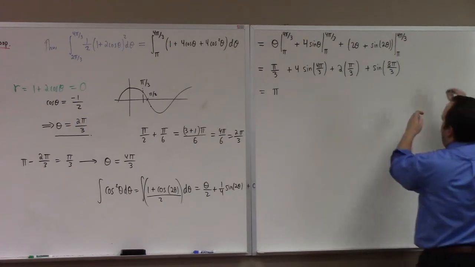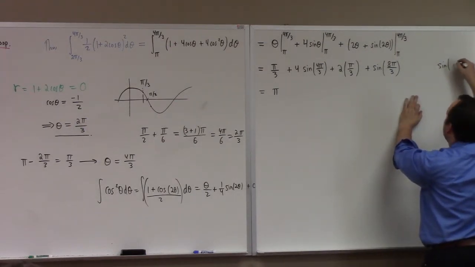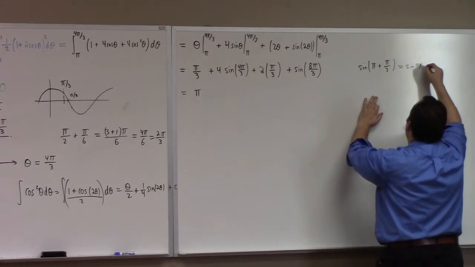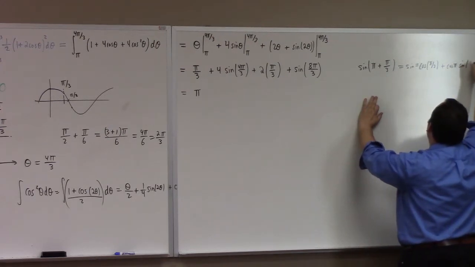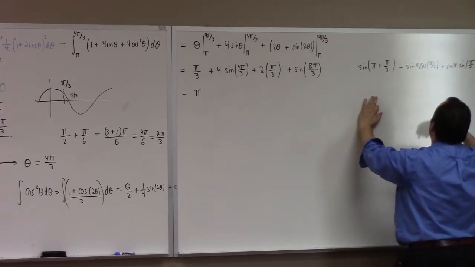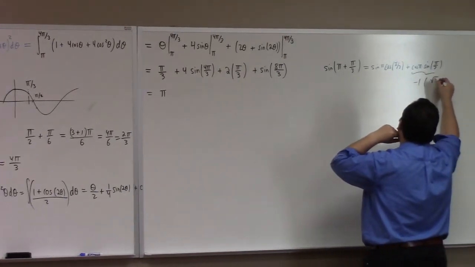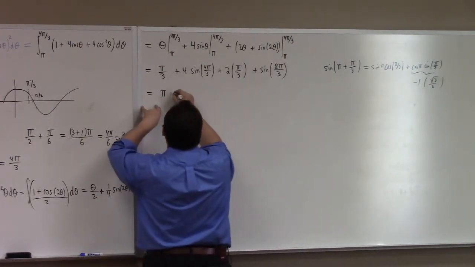Fine. I could go get my calculator, but here's the blast from the past. This is pi plus pi over 3, right? Which is sine pi cosine pi over 3, plus the cosine of pi, the sine of pi over 3. So that's actually minus 1 times root 3 over 2. So this is minus 2 root 3.